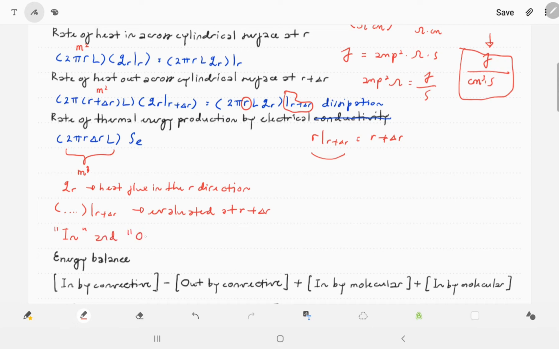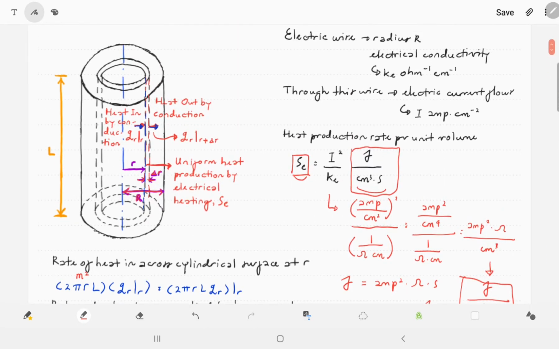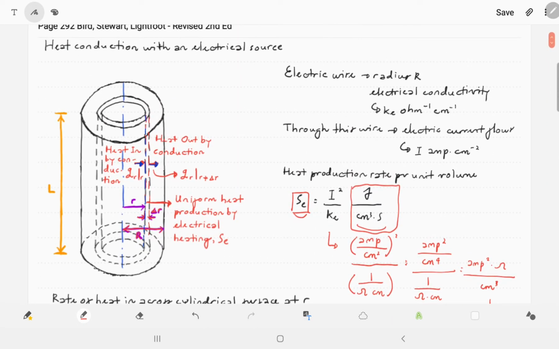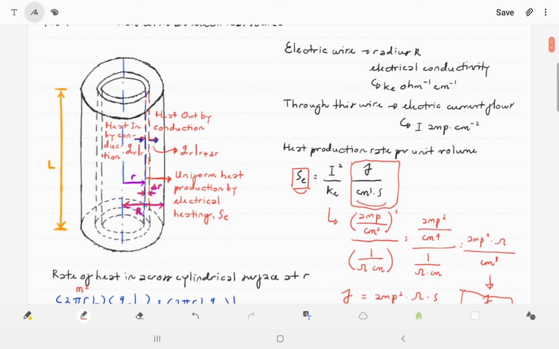In and out here are taken to be in the positive r direction. For this example, we note that we are using cylindrical coordinates.